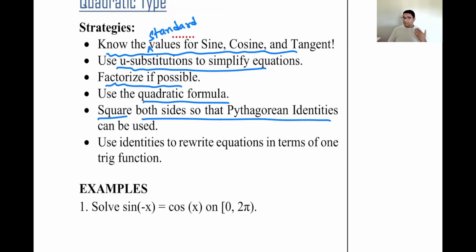What will that do? If you square the equation and convert sine and cosine to sine square and cos square, then you can write sine square in terms of cos square and cos square in terms of sine square using Pythagorean identities, and then you can solve it. So that is one idea to keep in mind: squaring both sides and using those identities.